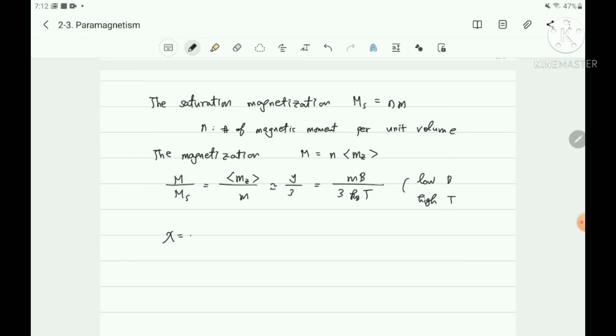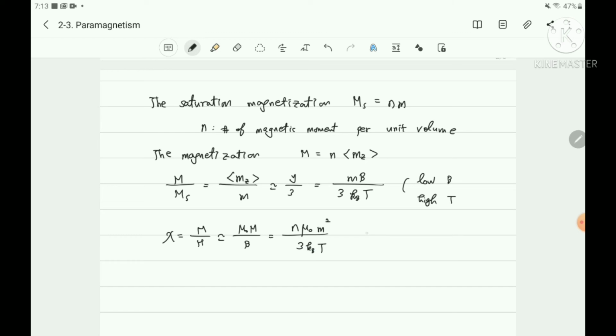The magnetic susceptibility is M over H, or mu 0 M over B. Therefore, it is N mu 0 m squared over 3 kBT.